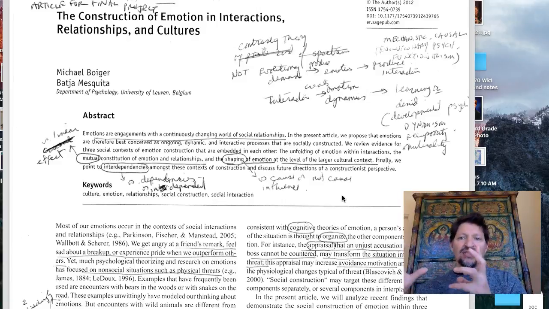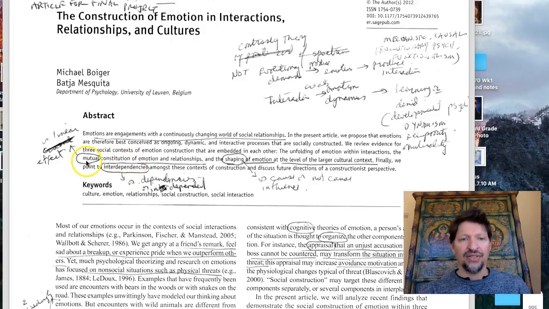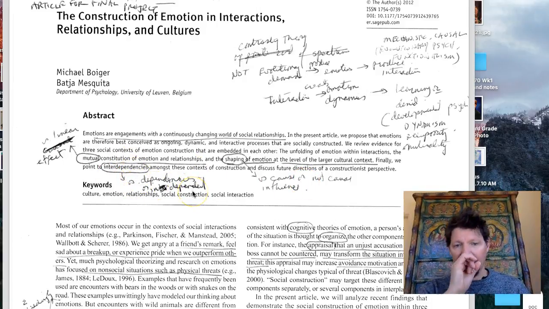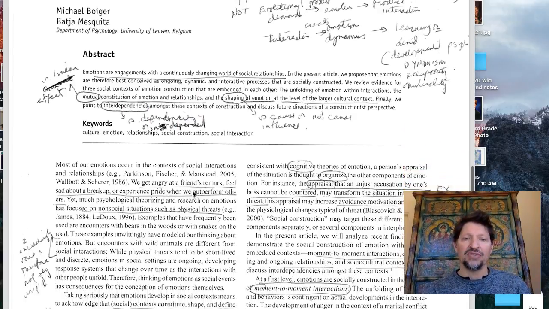And then that creates thoughts and learning in which we deny or accept or develop certain emotions. So it's a much more rich and interactive notion. You notice the words in here that are very different: mutual versus linear, shaping versus causing, and interdependencies versus dependencies or independent. So I find this article to be very helpful in terms of that.